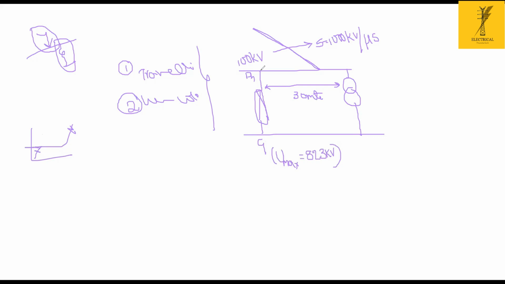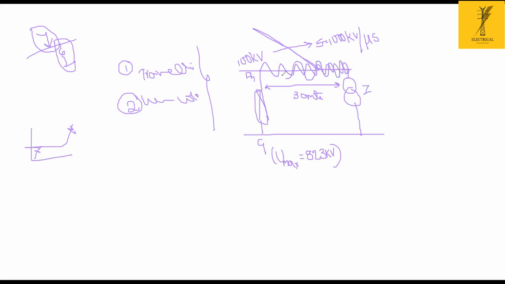This 100 kV will travel and reach the transformer, where the impedance is different compared to the line. So there will be a reflection.